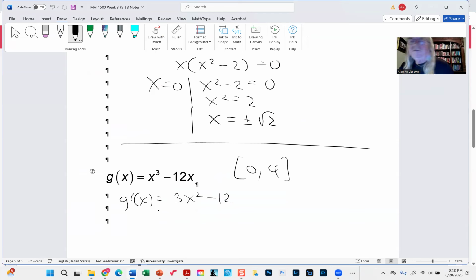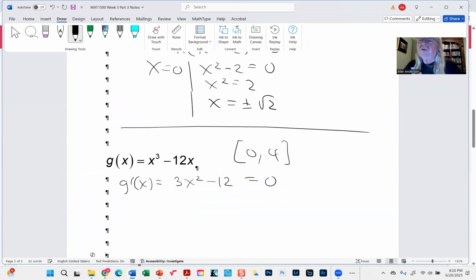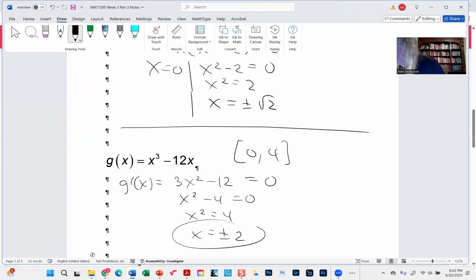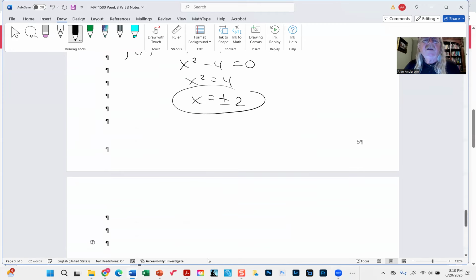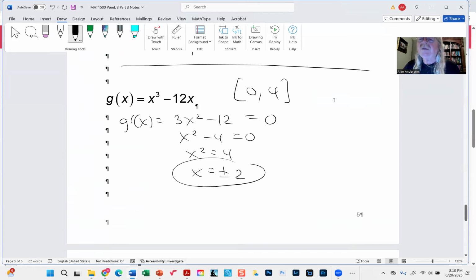So we start with the first derivative, set it equal to 0, and find all the points where the first derivative equals 0. Those are the critical numbers. We'll divide out the 3. Then we also have the two endpoints, 0 and 4.